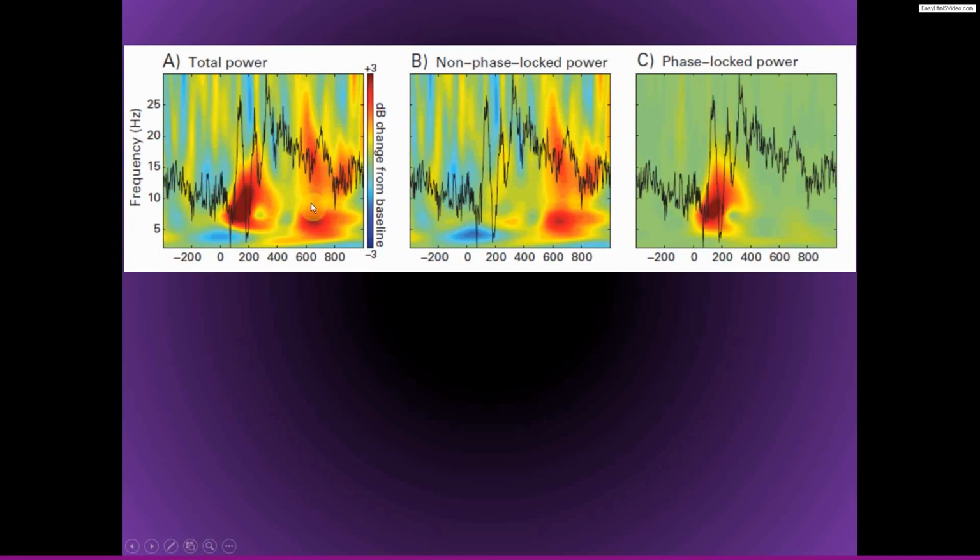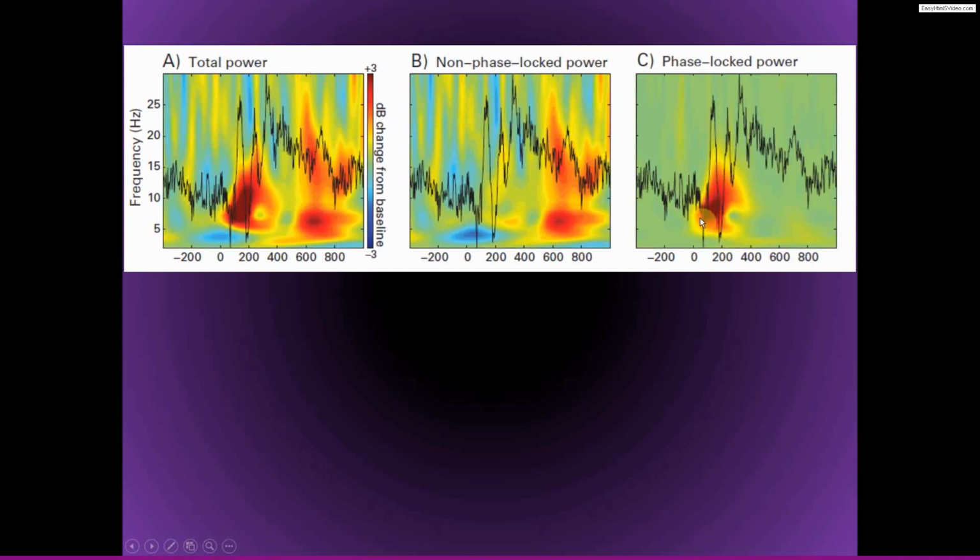It's really hard to imagine how you could have some ongoing process that's non-phase locked to the stimulus, and then all of a sudden, many cycles after stimulus onset, it suddenly becomes phase locked. So most of the activity you'll see in EEG after 400 to 600 or 700 milliseconds is going to be all non-phase locked.